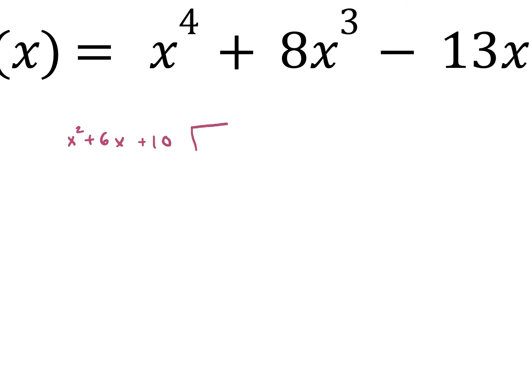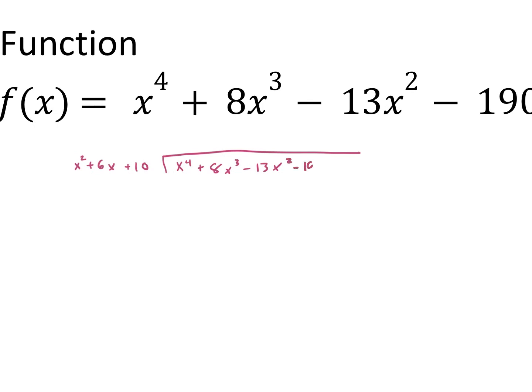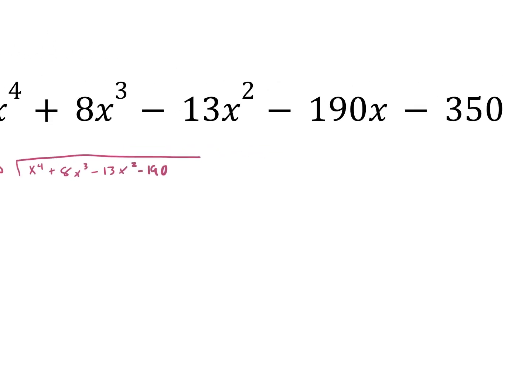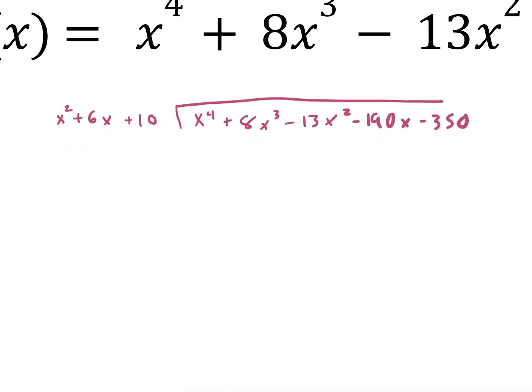And that's going to go into x to the 4th power plus 8x to the 3rd power minus 13x squared minus 190x minus 350. All right, so what times x squared gives us x to the 4th power? x squared.